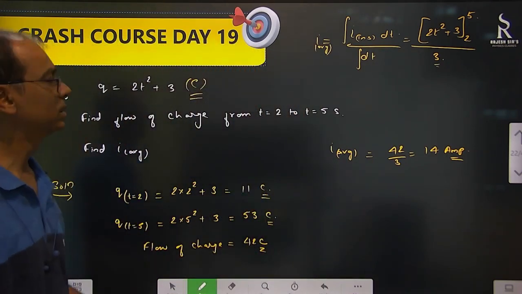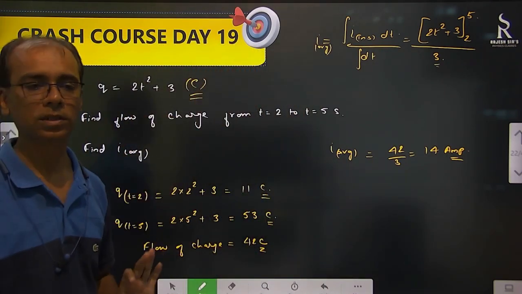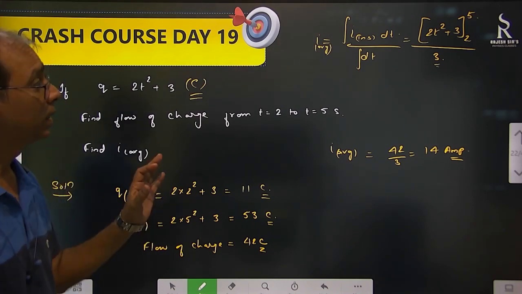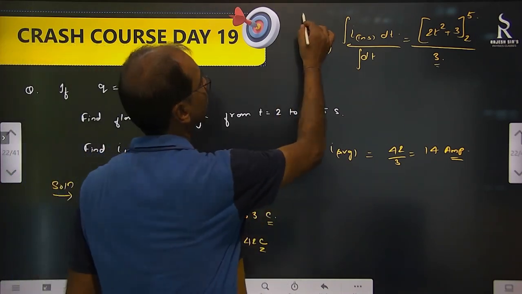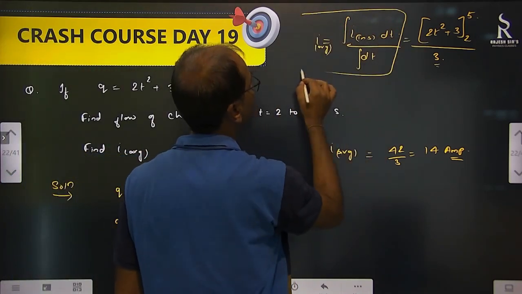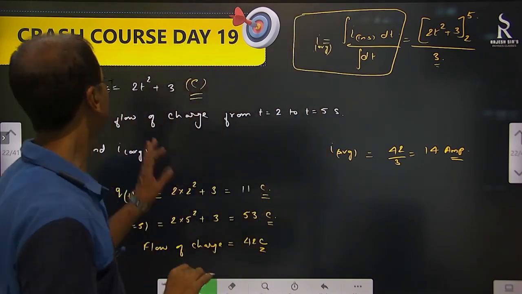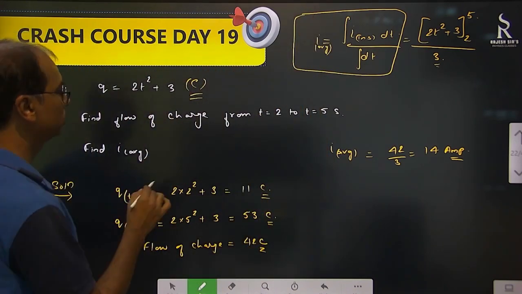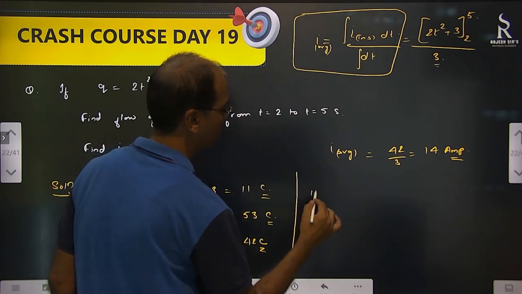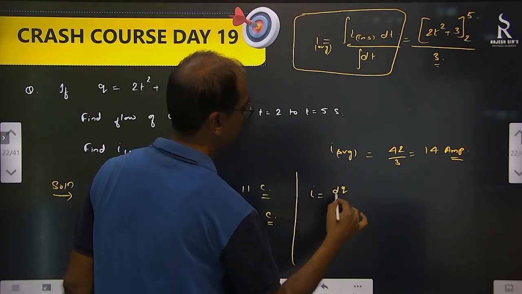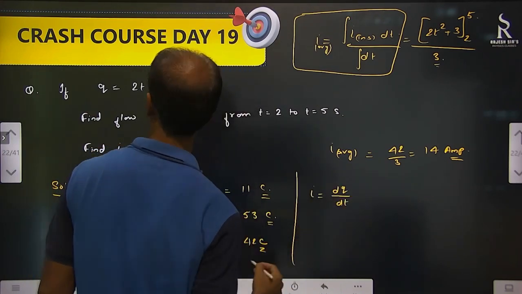It's not necessary that we always go with integration, remember that. But we should remember this: if I was given instead of q, and we had to calculate I, which is dq by dt, that would have been 4t.